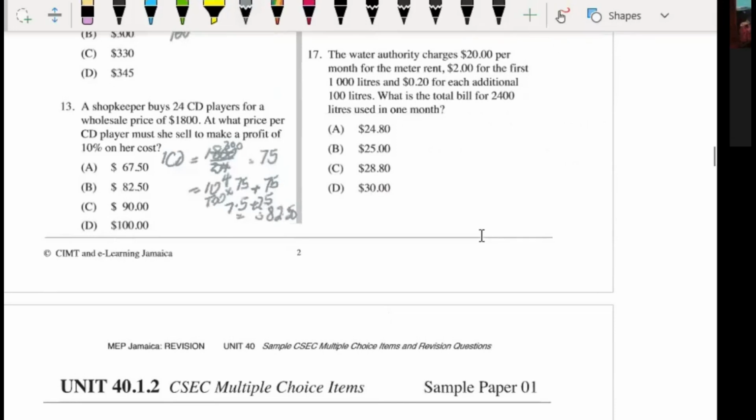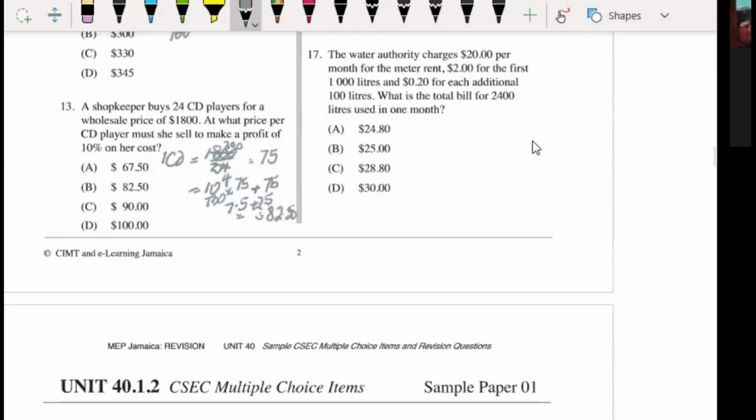Question 17. The water authority charges $20 per month for the meter, $2 for the first 1,000 liters, and 20 cents for each additional 100 liters. What is the total bill for 2,400 liters used in 1 month? Okay.